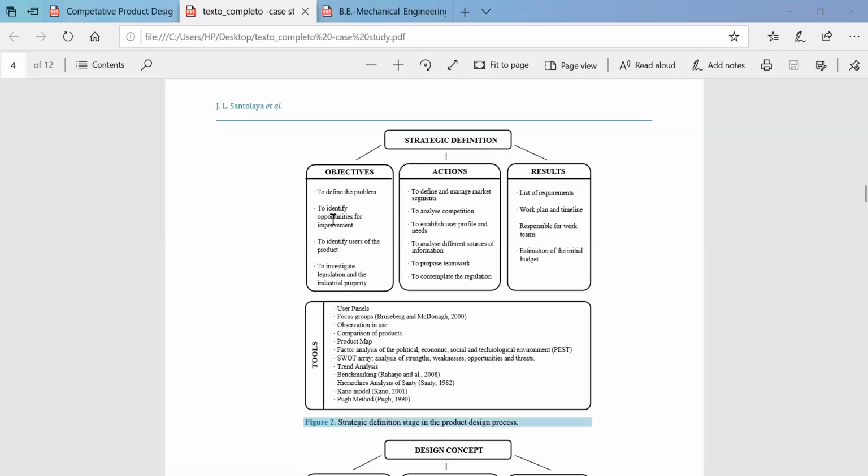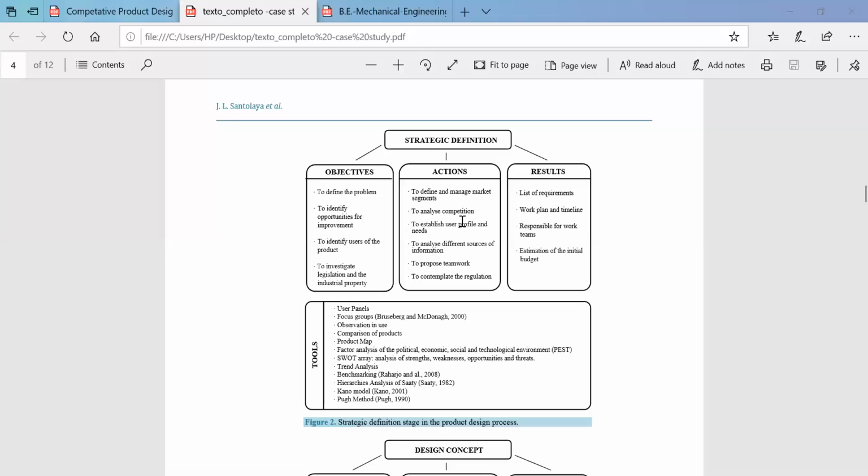Next, you have to identify the opportunities for improvement of that product, if it is an existing product where modification has to be done. For that, what is the action taken? It has to be analyzed with respect to the competitive products which are already in the market. Okay, and you should also establish your profile and needs related to the consumers.